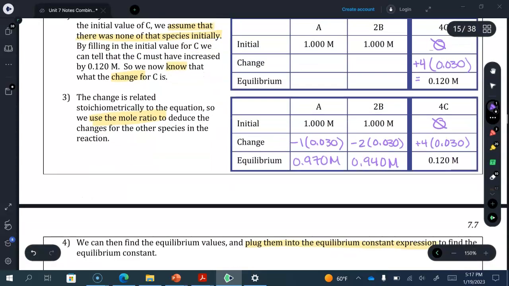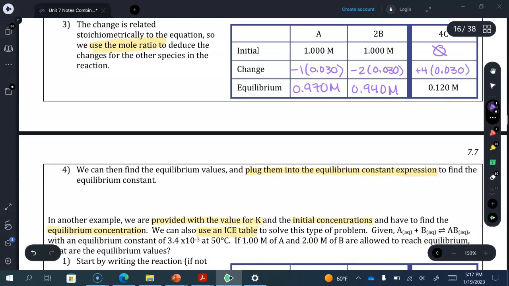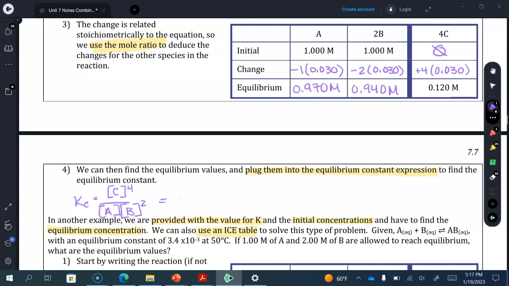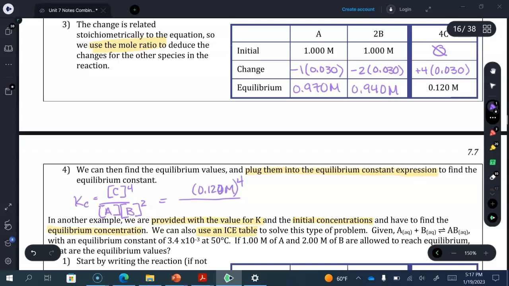So now we know how much we have at equilibrium. We can plug them into the equilibrium expression we wrote prior, which I'm going to rewrite here. So I'm going to plug in the values for A, B, and C. So C is 0.12, my apologies, 0.120, to the 4th power.